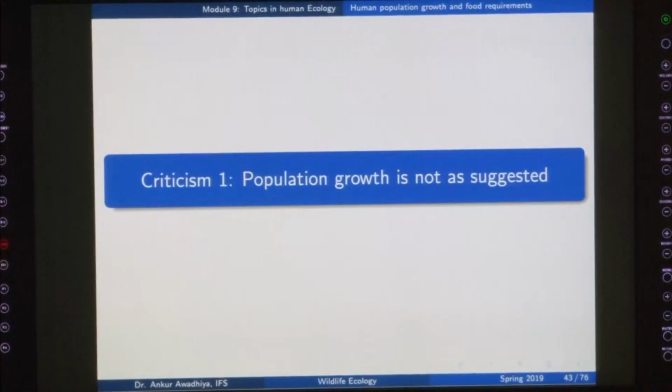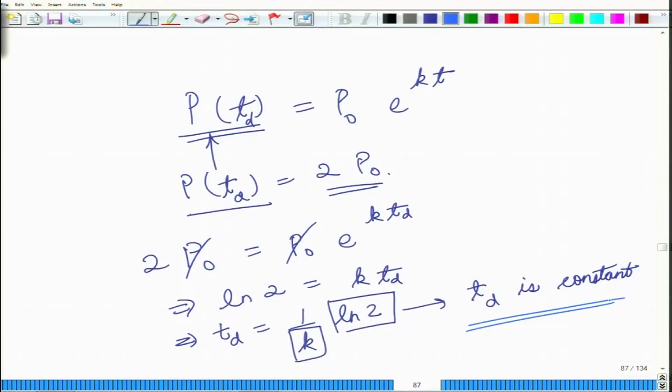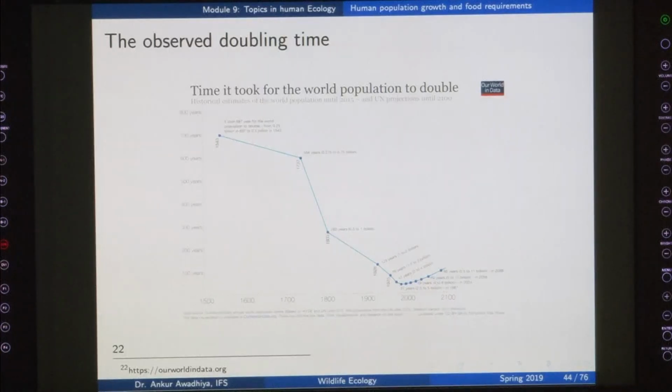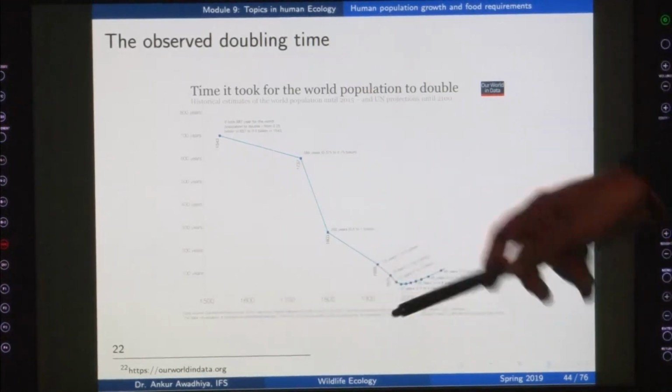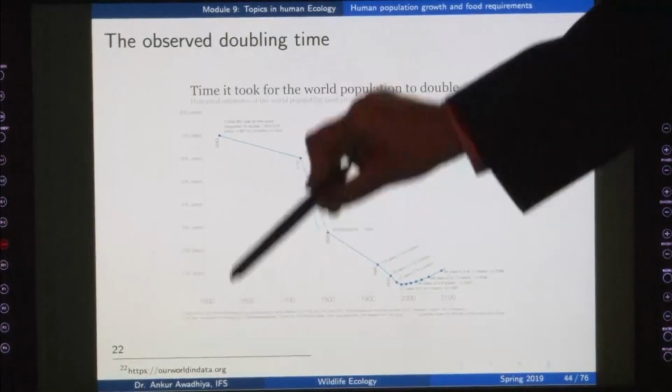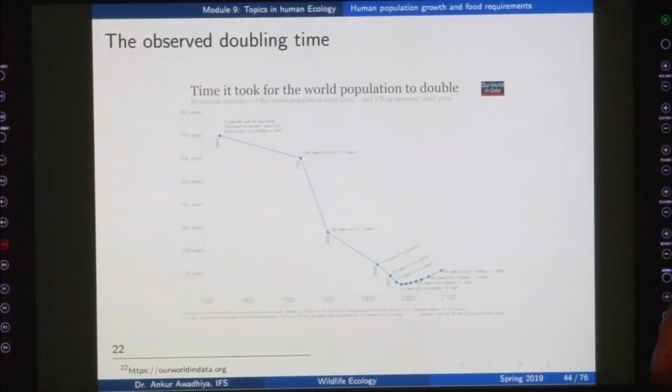So the first criticism is that the population growth is not as suggested. The population growth is not completely exponential. In our results we had seen that this term TD is a constant, which Malthus had said would be 25 years. But if we look at the actual doubling time, on this x axis we have the years, on the y axis we have the number of years it takes to double the population.